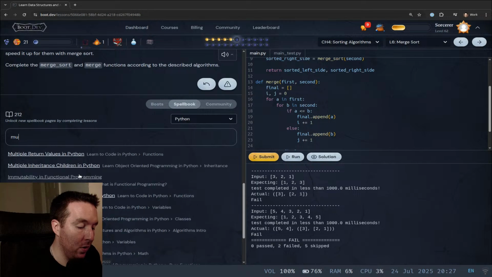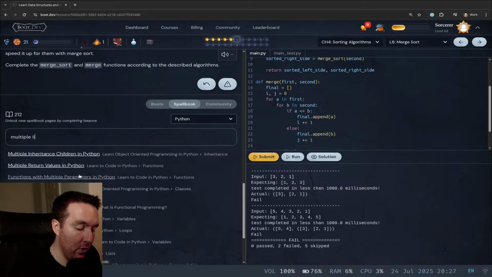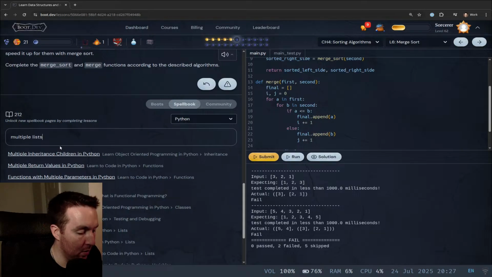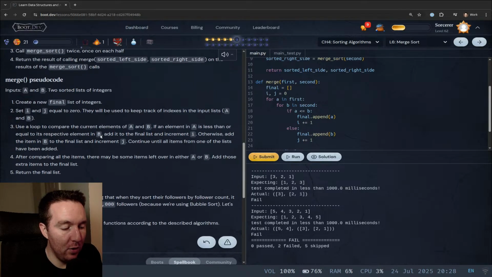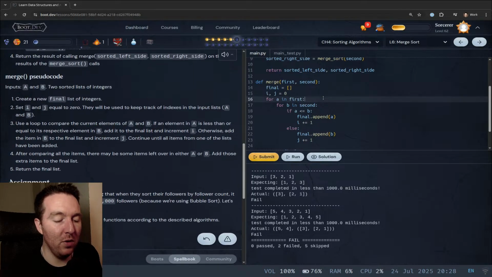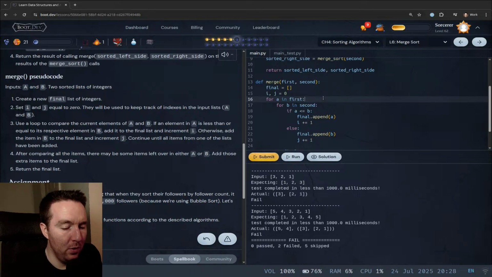Multiple lists. Basically, I'm just trying to figure out how to handle multiple lists concurrently. So, like, using for to compare, we don't know which one's the bigger one.